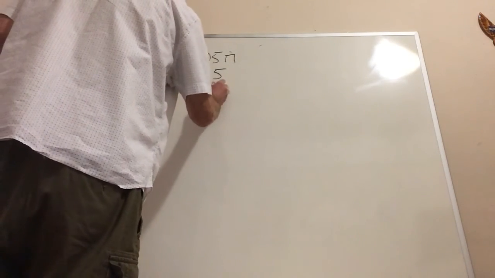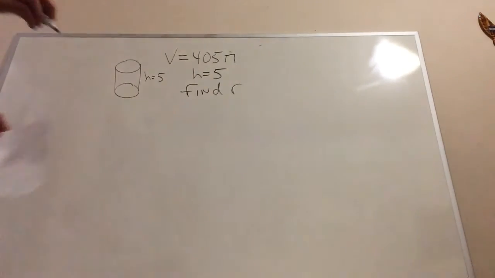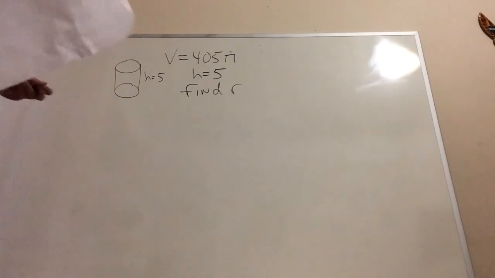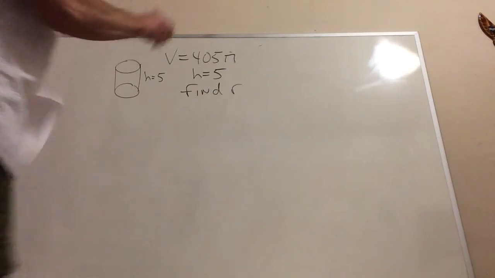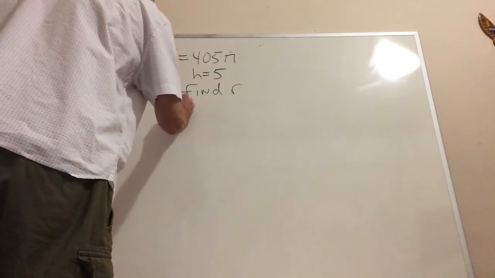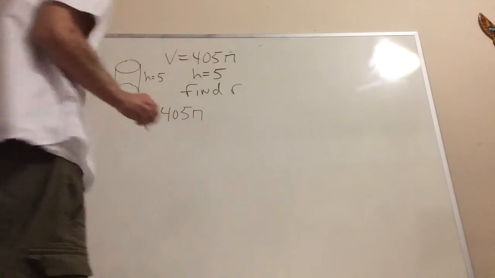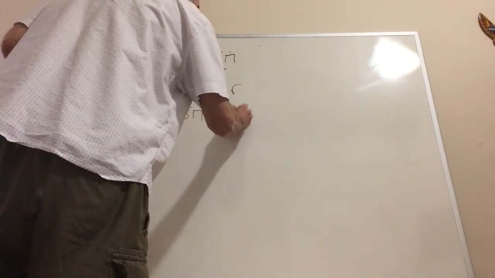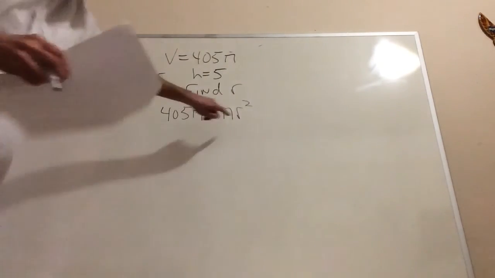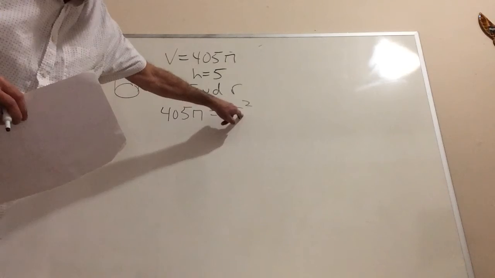And again, I'll give you exercises so you can do these for tomorrow. I'll post them. And I take a look at this and I say, all right, so what do I know? Well, I know that 405 pi, there's the V, equals pi r squared. That's what I'm looking for. Oh my God, there it is, r squared again. Can't avoid it.